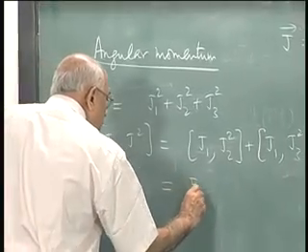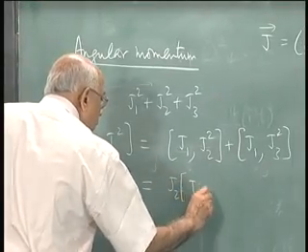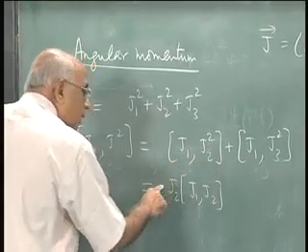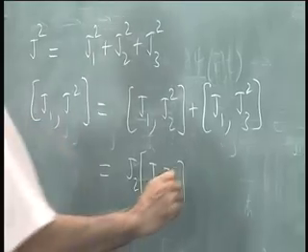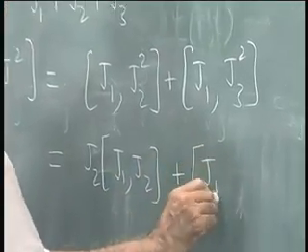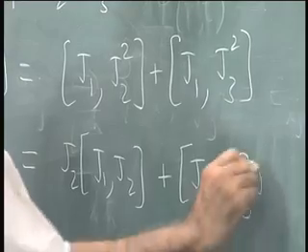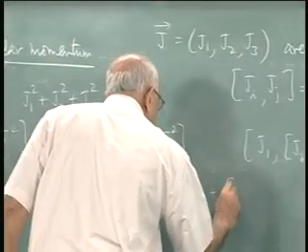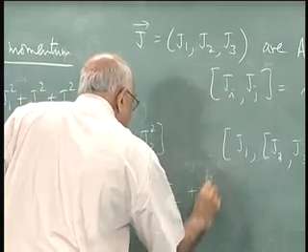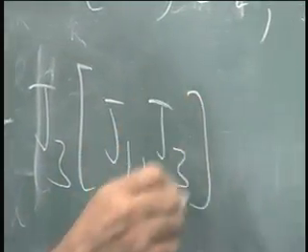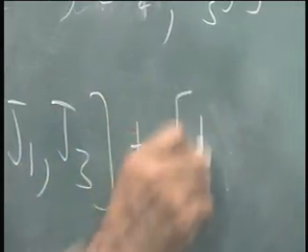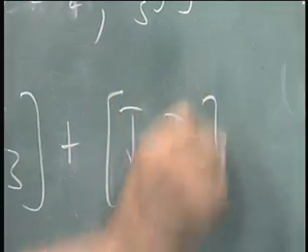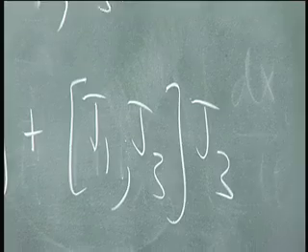It is J2 times the commutator of J1 with J2, where I put one of these factors on the left and the next one on the right, so it is J2 times J1 J2 plus J1 J2 times J2, similarly J3 times J1 J3 plus J1 J3 times J3.